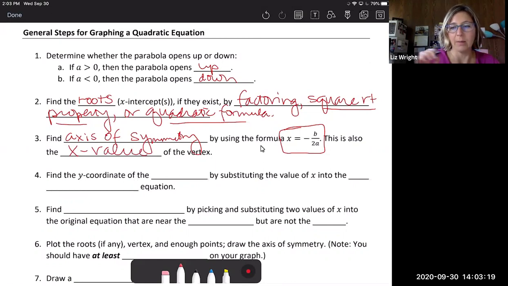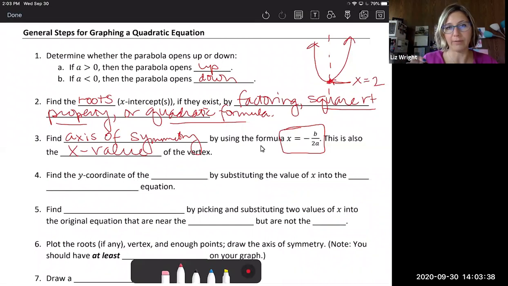That makes sense because we know that our axis of symmetry goes through our vertex. So let's say this is at 2. It's also going to be, x equals 2 is the equation of our vertical line for the axis of symmetry. Well, that x equals 2 is going to be the x value of our vertex.